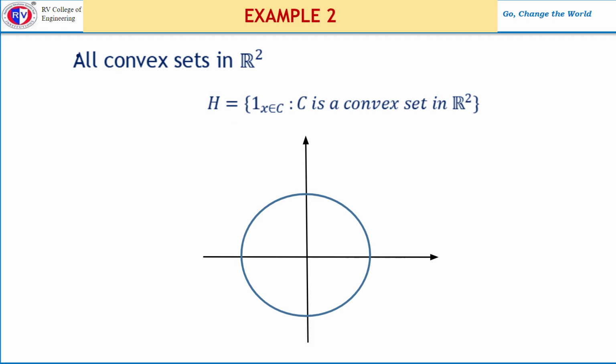Now, coming to the second example, all convex sets in R squared. If we consider the hypothesis space to be convex sets, which might be a triangle, a square, a rectangle, a pentagon, or might also be a circle. Since a circle is a polygon with infinite sides, we are now clear with the hypothesis space.